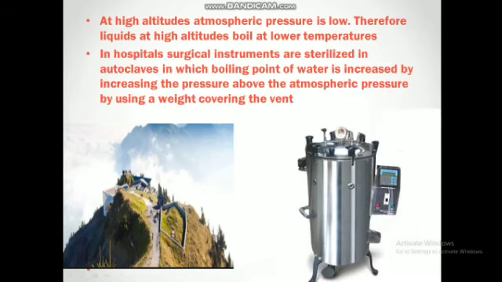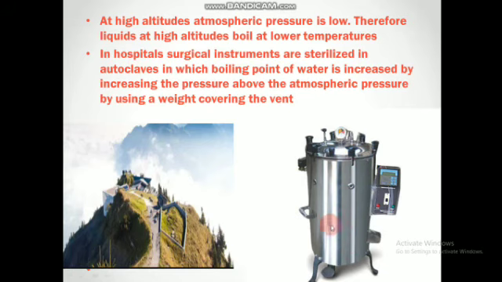In hospitals, surgical instruments are sterilized in autoclaves. So this is an autoclave, in which the boiling point of water is increased by increasing the pressure above the atmospheric pressure by using a weight covering the vent. This is a cover which is given for an autoclave. This cover increases the pressure inside the chamber.